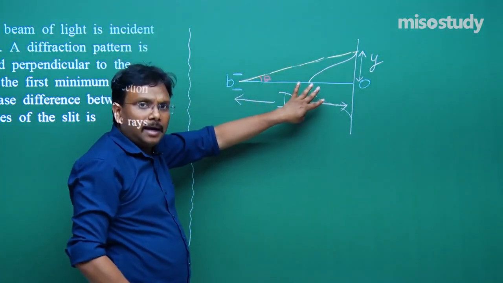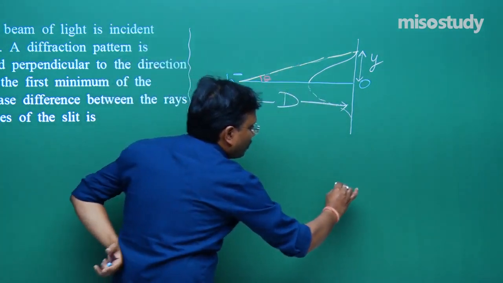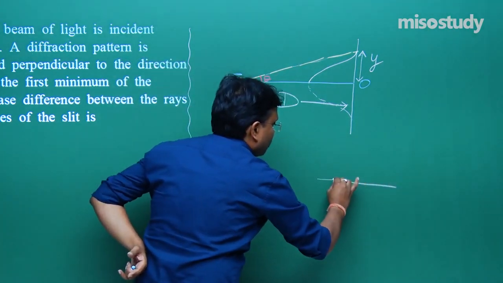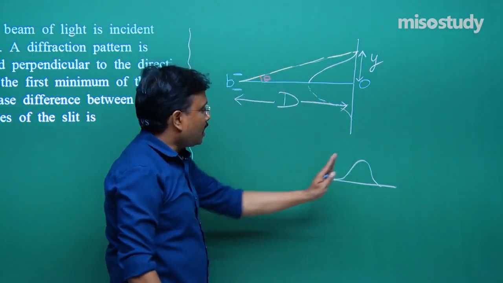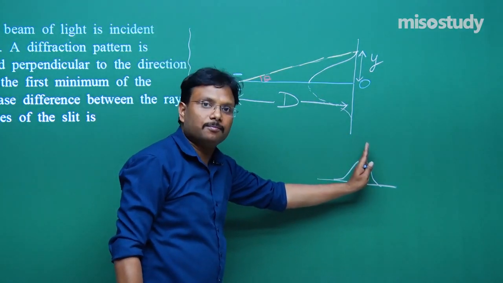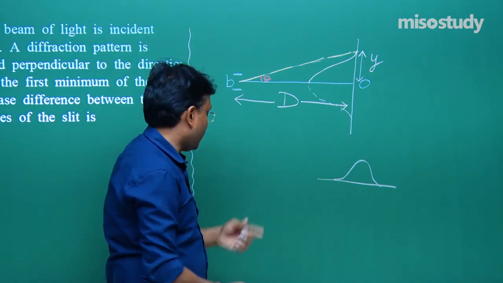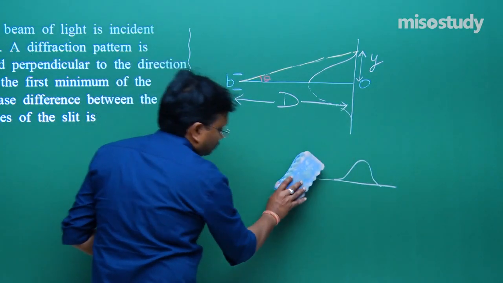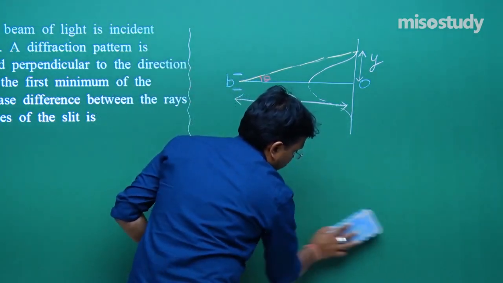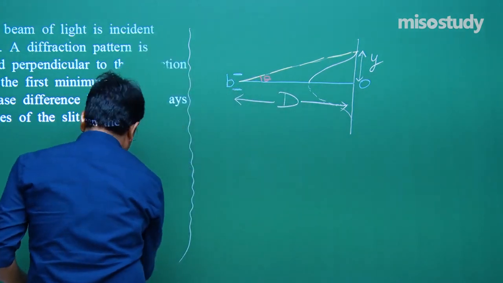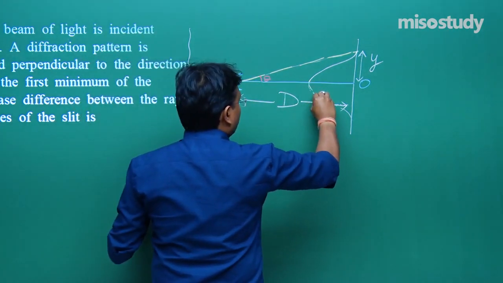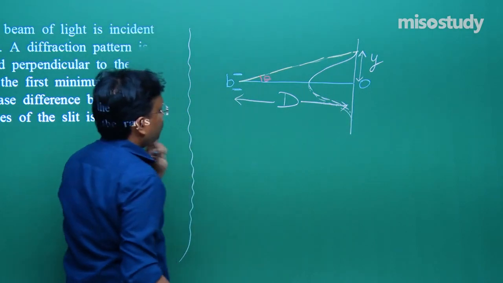So I am not drawing that, because the pattern is somehow like this. Here I am just showing you the first half, and the other half you can imagine. This portion is something which you can assume.